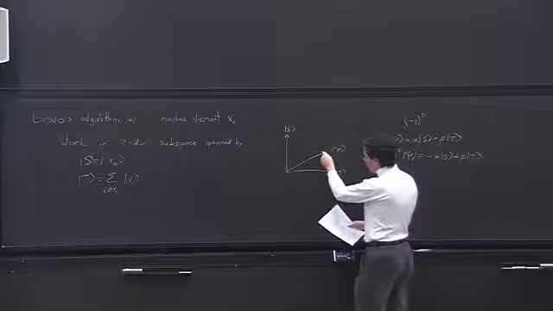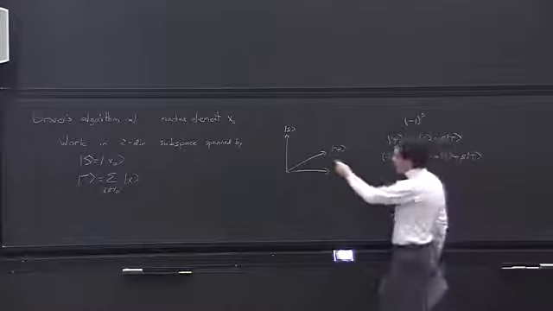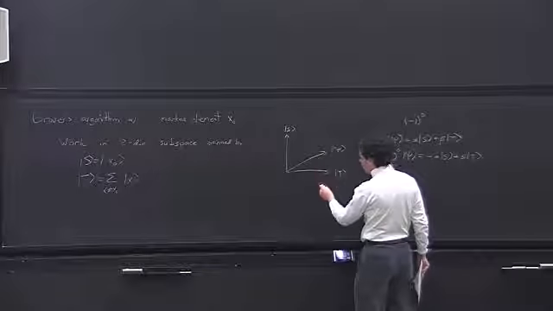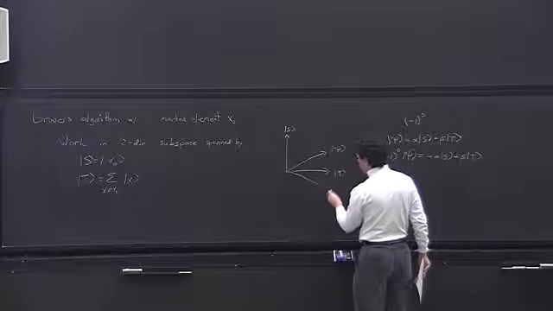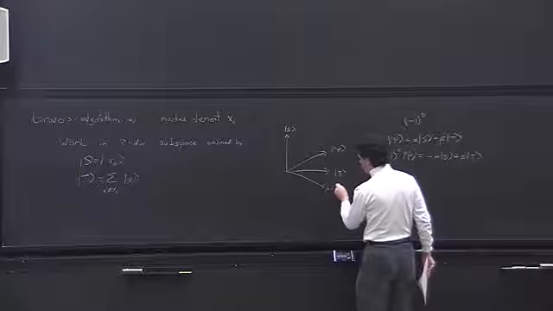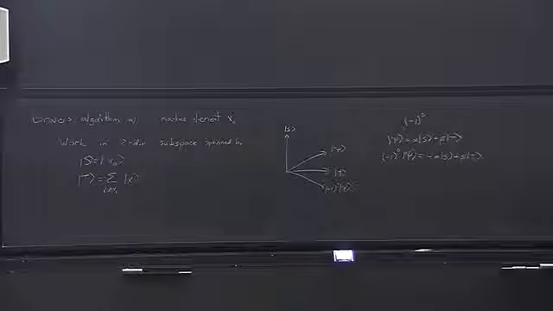Well, the T component of psi remains the same, and the S component gets reflected over the T axis. So this is going to be down here, (-1) to the O psi. Make sense so far?